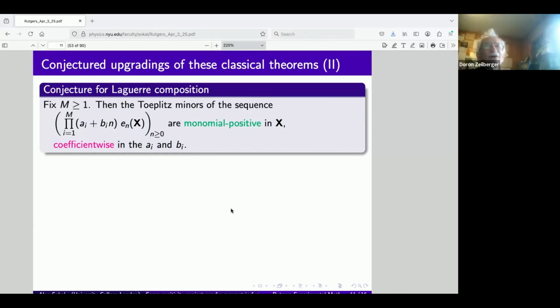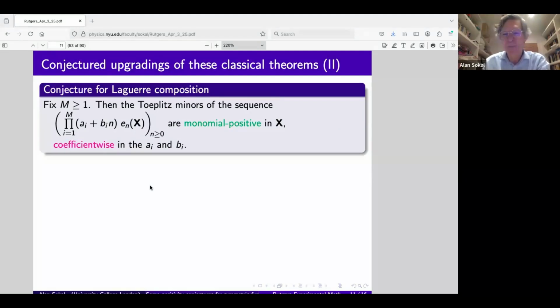Although I have heard by email that there are some Koreans who may have proven some of the conjectures for Hadamard product on the previous slide. What about the 2 by 2 minors? The 2 by 2 minors are too easy because if you have two matrices that are totally positive of order 2, that is, the 2 by 2 minors are non-negative, and you take their Hadamard product, then that is also totally positive of order 2.